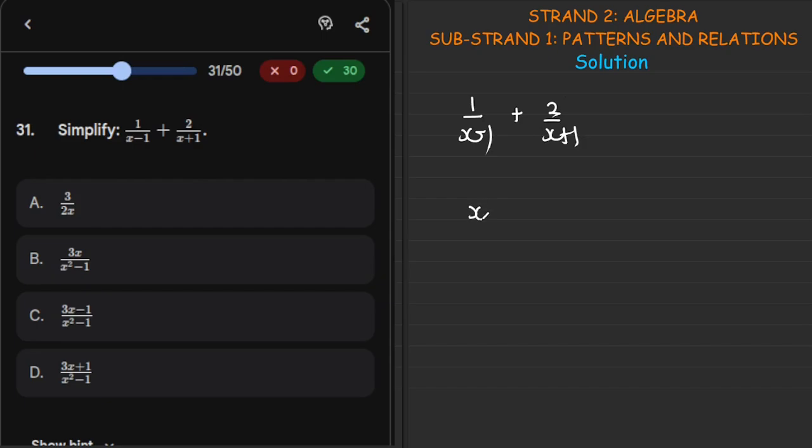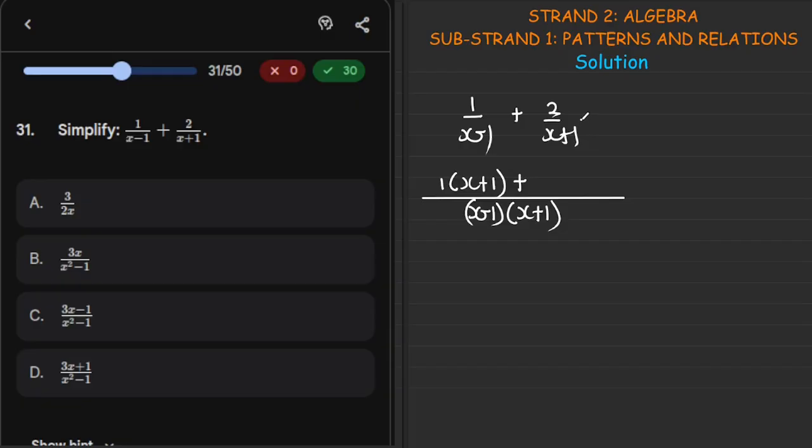So our LCM is x minus 1 in one bracket, and in the other bracket, x plus 1. With that, we now do our division and multiplication. x minus 1 would cancel all of this to remain this. You see, it is this that comes to multiply our 1, so that we have 1 into bracket x plus 1.